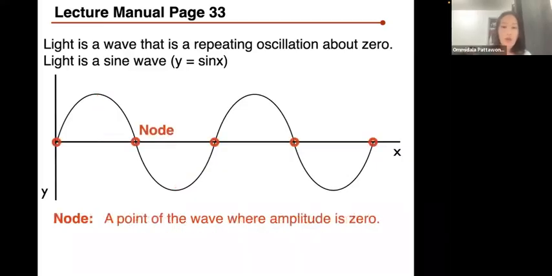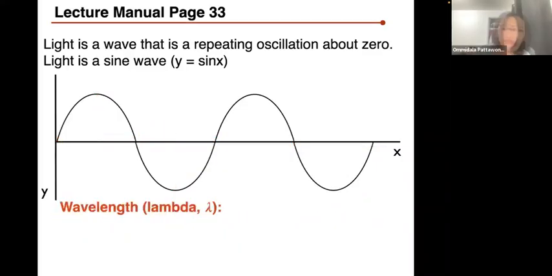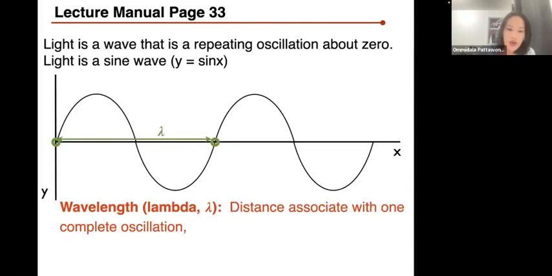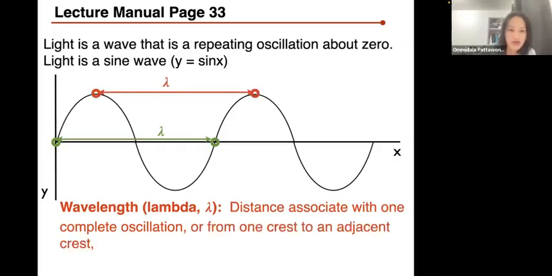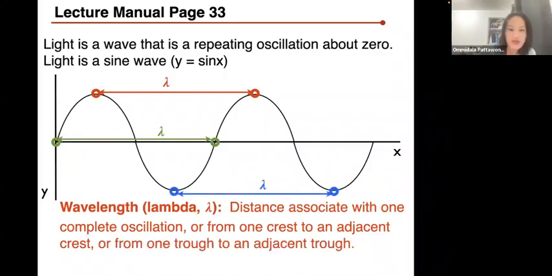A node is a point of the wave where the amplitude is equal to 0. Wavelength is the distance associated with one complete oscillation, and the symbol that we are going to use for this is lambda. You can measure one complete oscillation like this, or you can measure it from one crest to an adjacent crest, or from one trough to an adjacent trough.